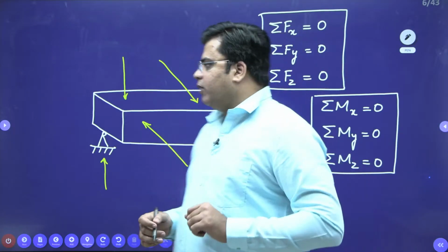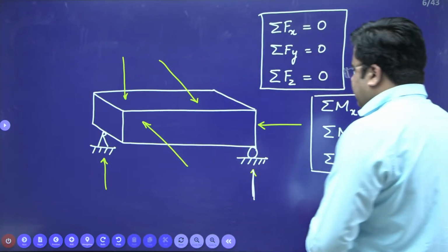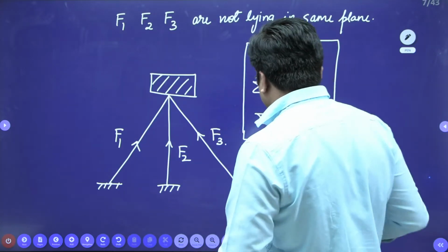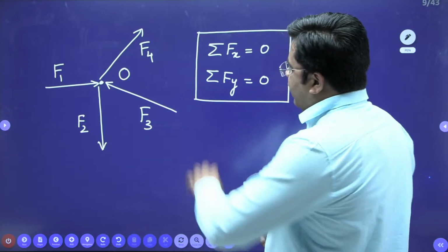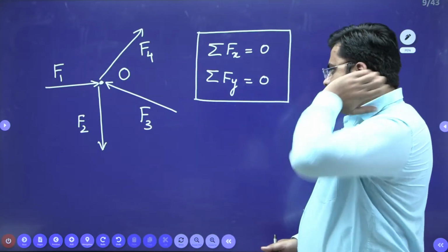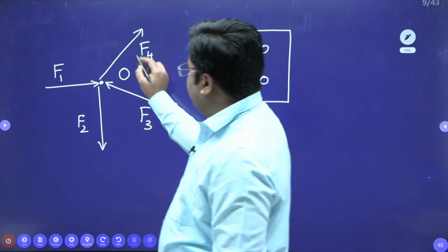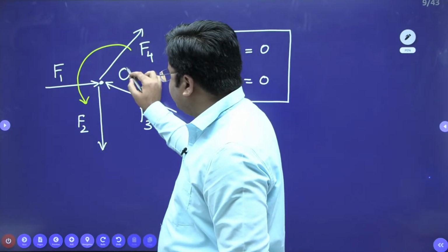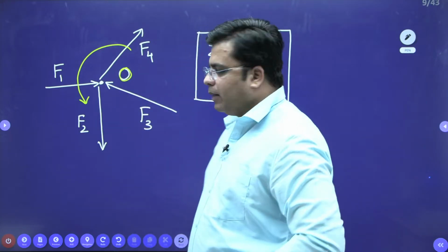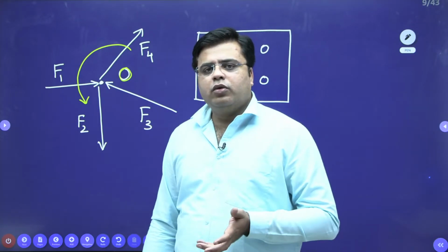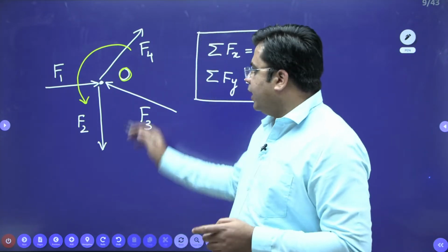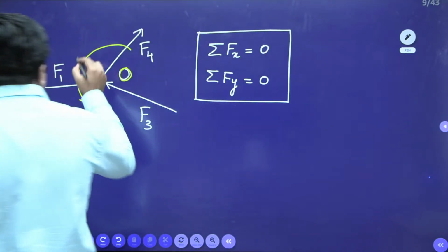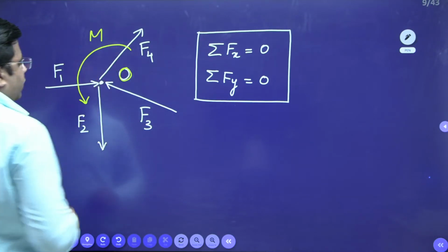I would like to add one more detail, right? When we talk about this coplanar concurrent force system, it is unstable if any moment is applied about this point O. If any moment is applied about this point O, there is no possibility for any of these forces to produce any resisting moment against this externally applied load, right?